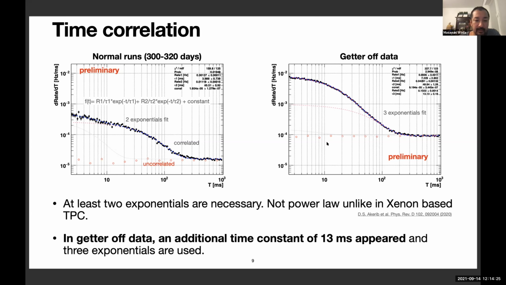First of all, we notice that this does not look like the power law seen in the xenon-based studies. And in the getter-off run, it's not consistent with the normal runs. We need another component to fit the data.